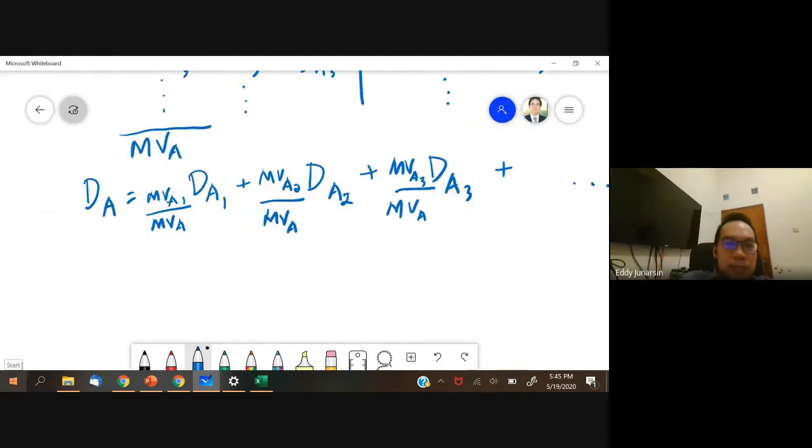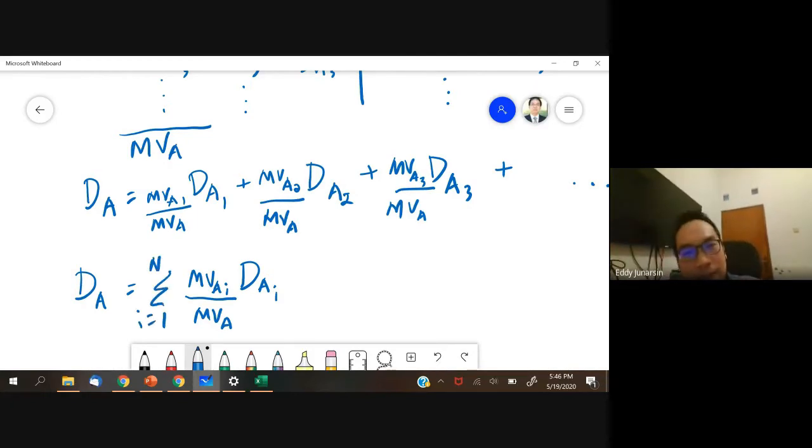So you could write it this way. The duration of the assets would be the duration of asset component i, multiplied by its proportion of market value, and then we sum them together.